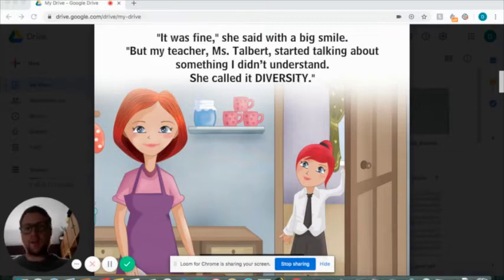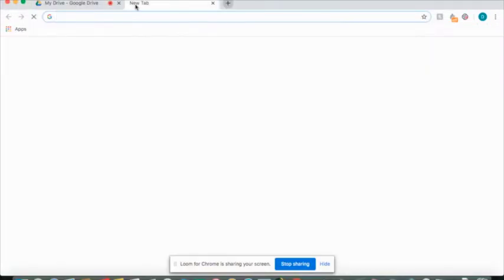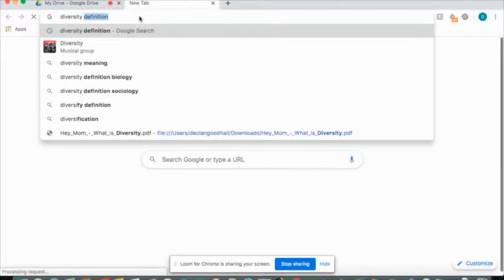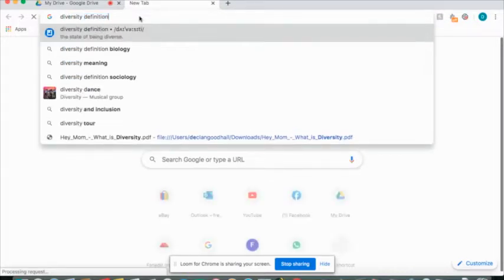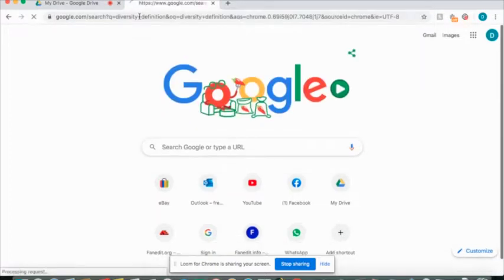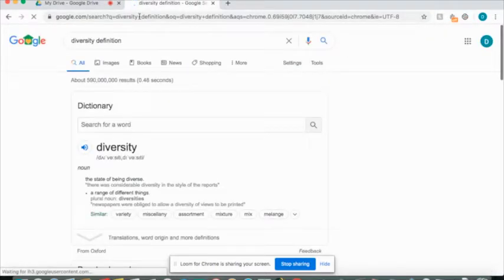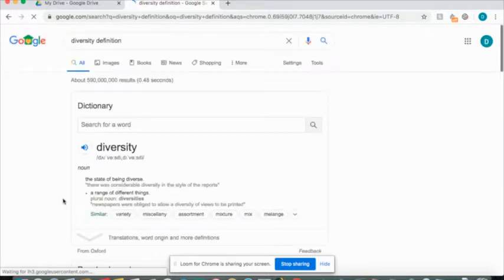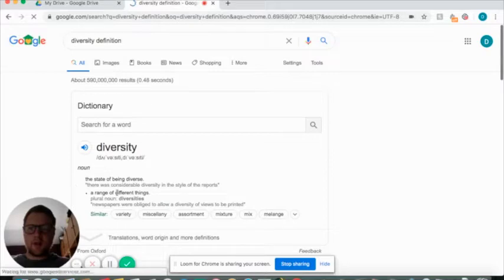So I'm going to Google for you diversity definition. So as we can see here, the state of being diverse and a range of different things.